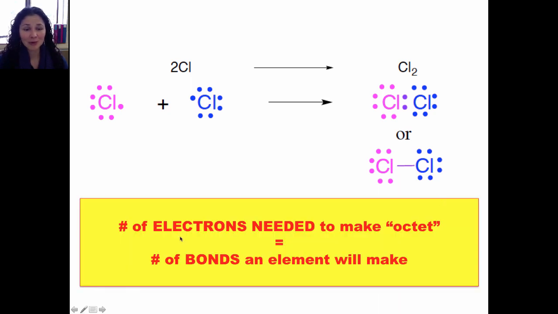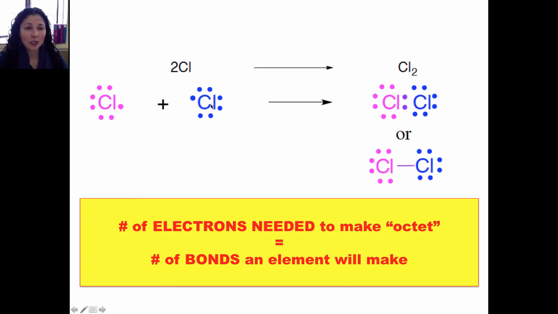Remember that the number of electrons needed to make an octet tells you the number of bonds an element will make. This is really useful information because you can read the number of electrons needed right off the periodic table, and therefore you can read the number of bonds that an element will make right off the periodic table.